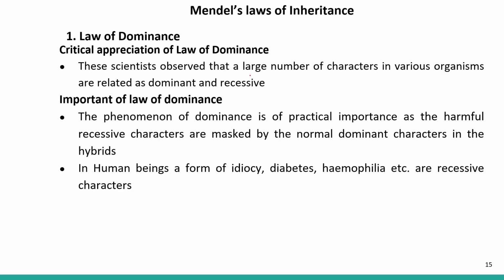These scientists observed that a large number of characters in various organisms are related as dominant and recessive. So this dominant and recessive relationship given by Mendel, these scientists also found, working on different plants and different organisms.